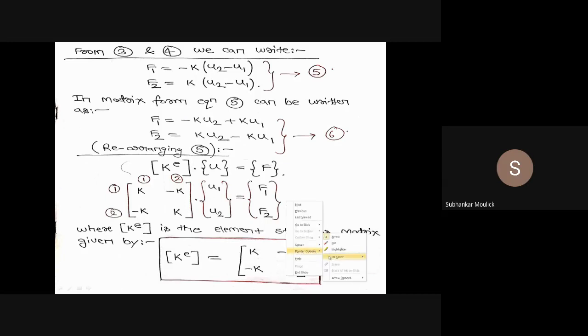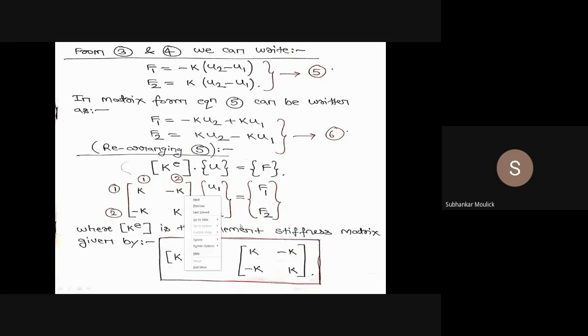Is this matrix equation clear to all of you? Yes, sir, clear. Fine.